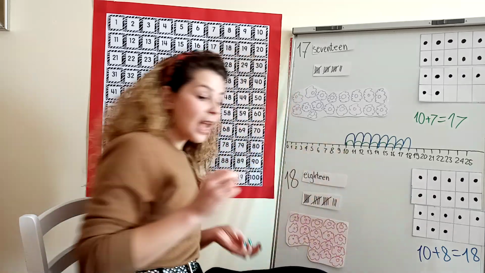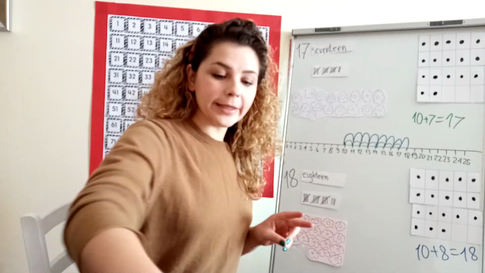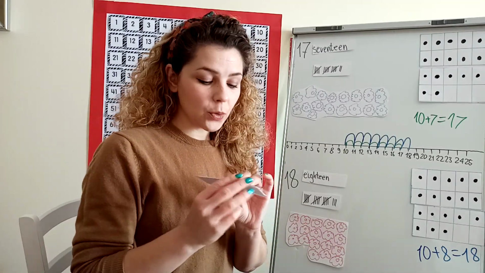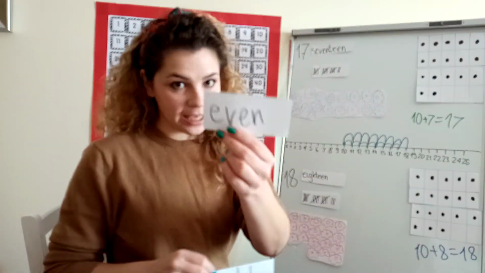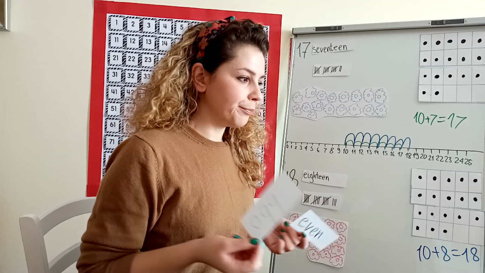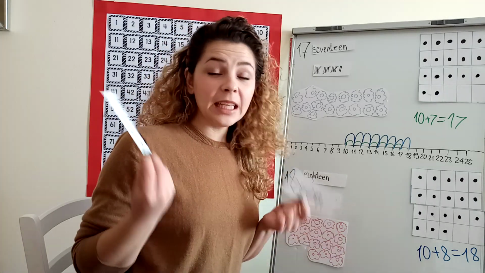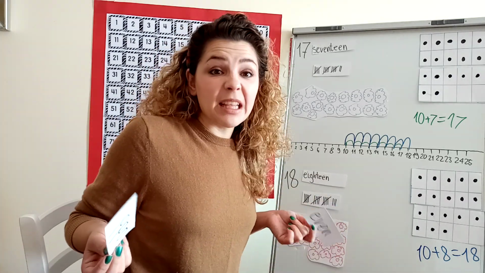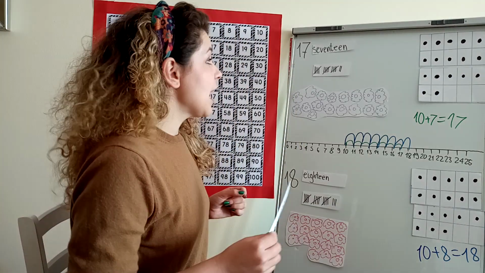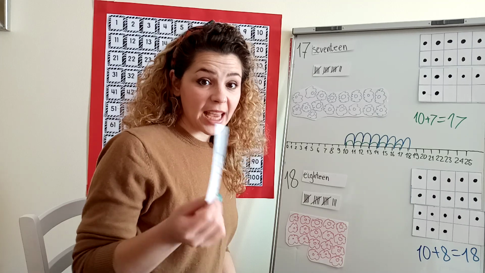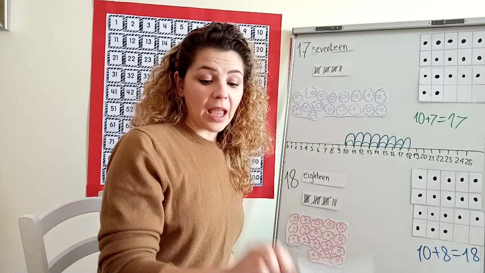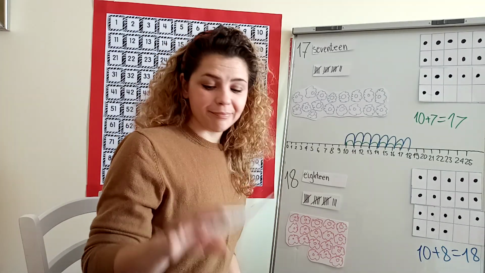Okay? And I have 2 more cards. These 2 cards say words odd and even. Now, odd, even numbers always have, let's say, a pair, yeah? And when we count by 2s, all the numbers that we say are even numbers, and the rest are odd, yeah?